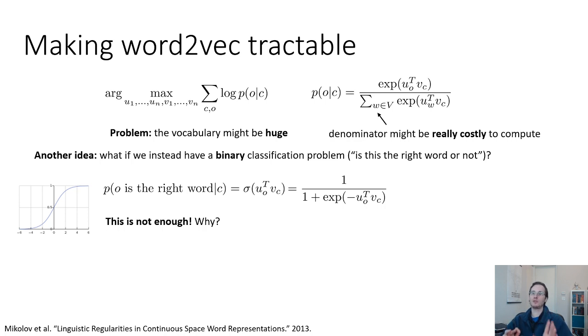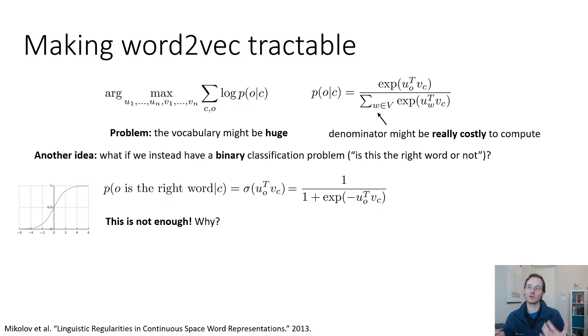Now, all of the P of O is the right word given C probabilities will be very large. And that will actually maximize this objective. But of course, that's crazy. You don't just want to make all the words look similar. So the problem with using only this term is that it will push similar words close together, but it won't push different words apart. Essentially, it's like a classification problem where all your labels are the same. The labels are always true.